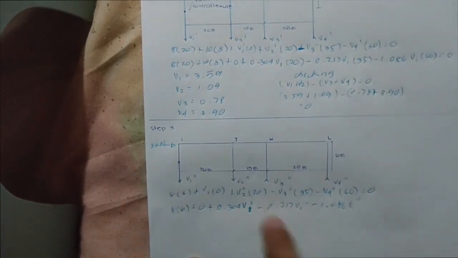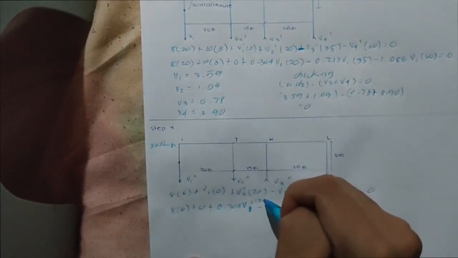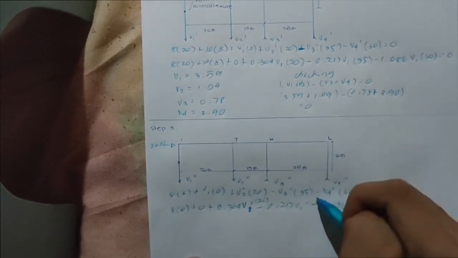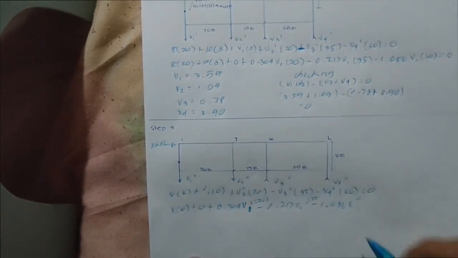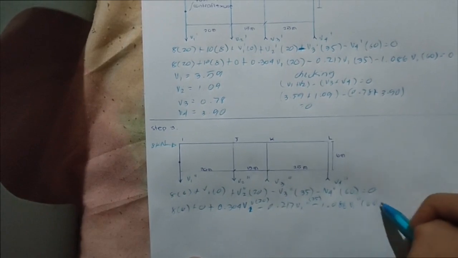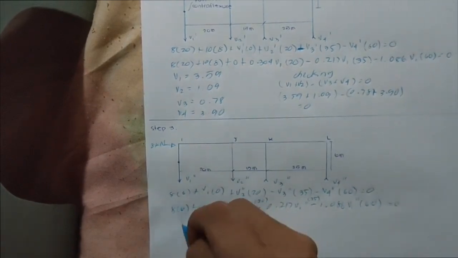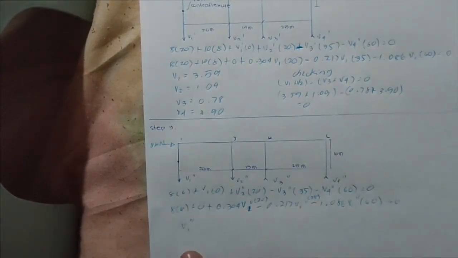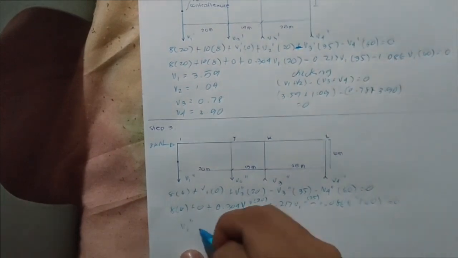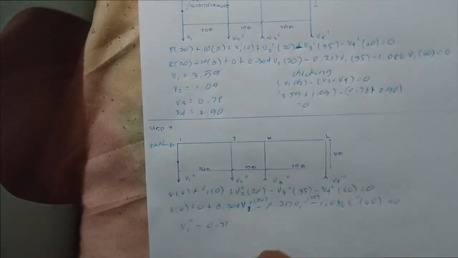I forgot the distances: 20, 35, then 60 equals 0. Then by inputting, we'll get the answer: V1 at second floor equal to 0.71.